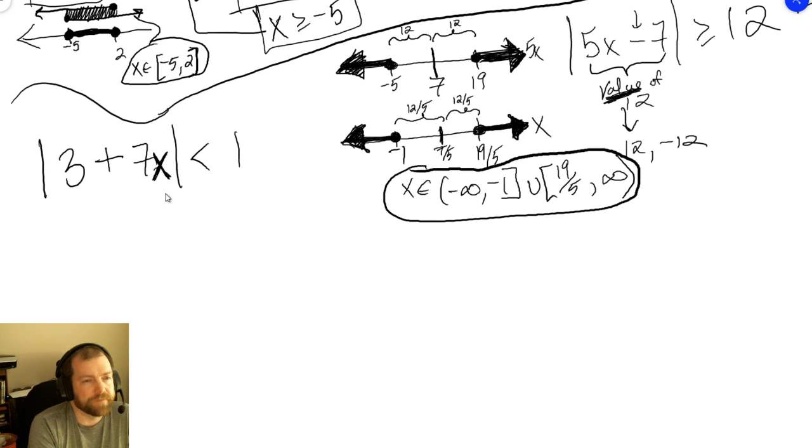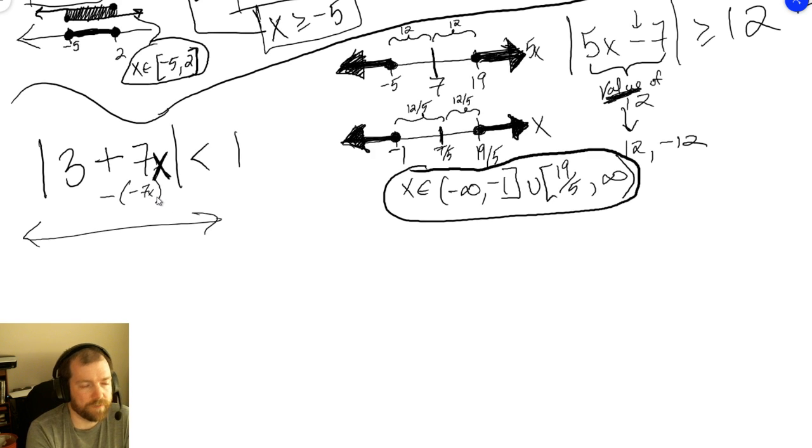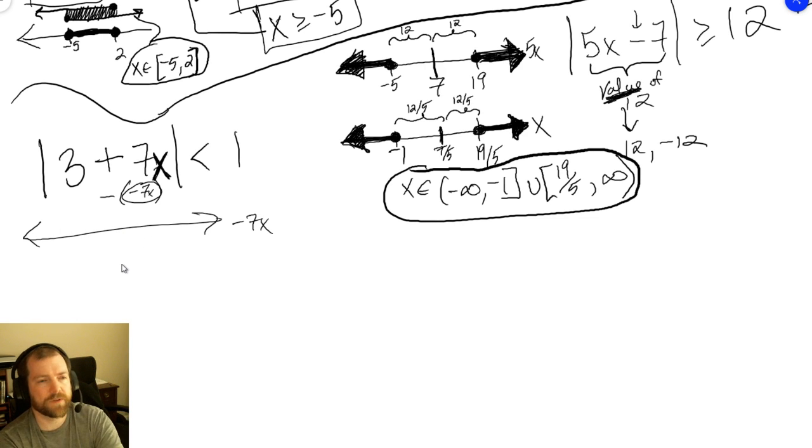Now for this one, again, if you're going to do it graphically, using my method, I'm not going to tell you to try to do this and make it a minus negative 7x. This is terrible. Anytime that you get a negative variable term, you're going to have to do all sorts of nasty stuff to the graph. So don't do that to yourself.